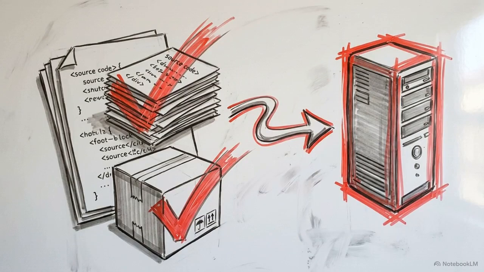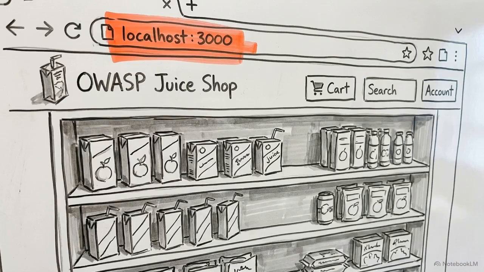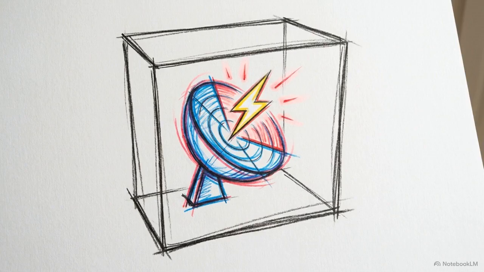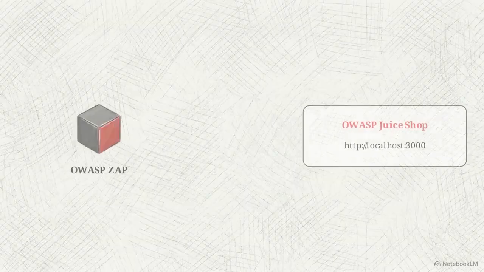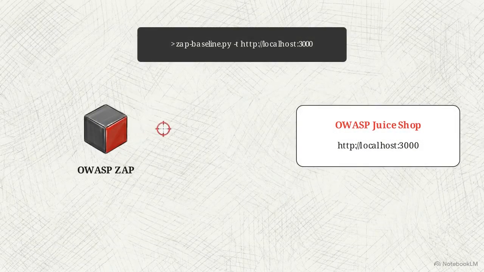With the code and library secured, we move to the runtime environment. For this step, deploy the OWASP Juice Shop application, a mock e-commerce platform built with intentional security flaws, on port 3000. To test it, spin up the OWASP Zap container. Using its CLI, we point the Zap tool directly at the local URL of our running Juice Shop.